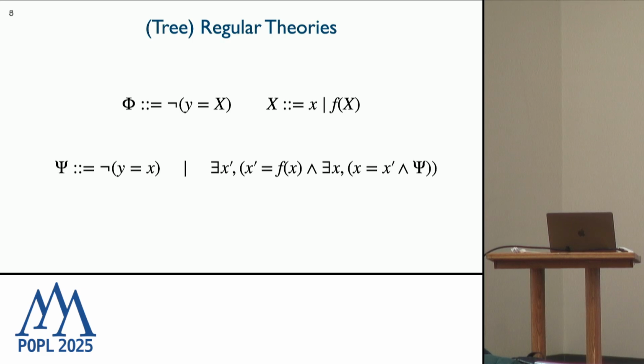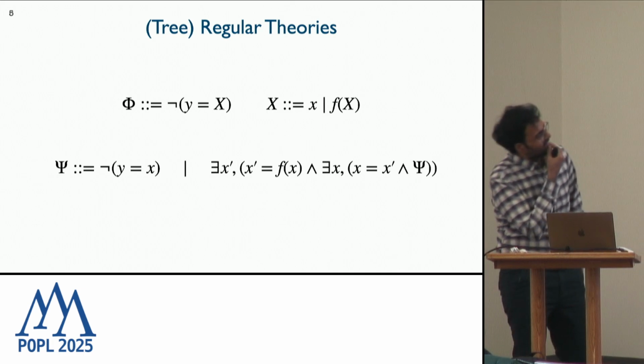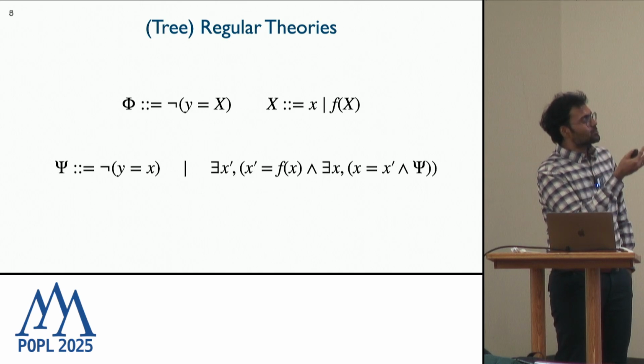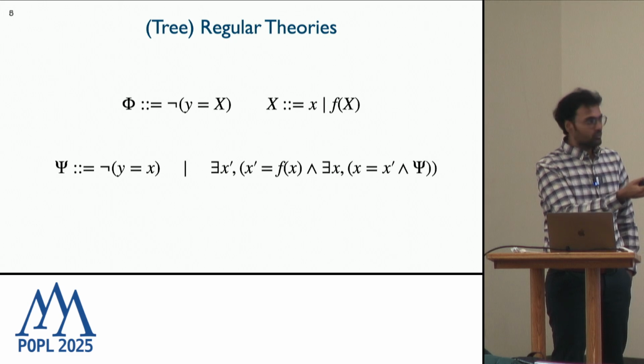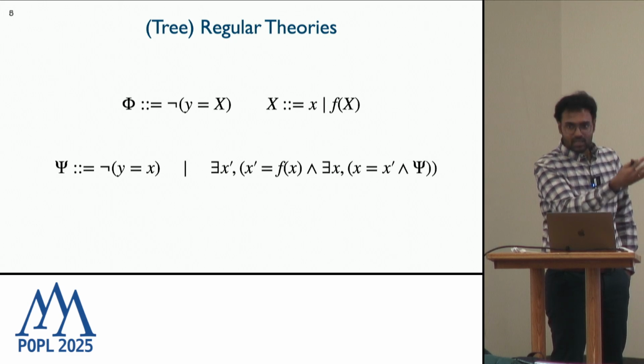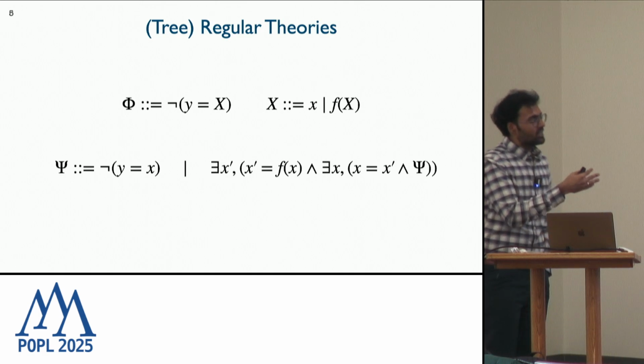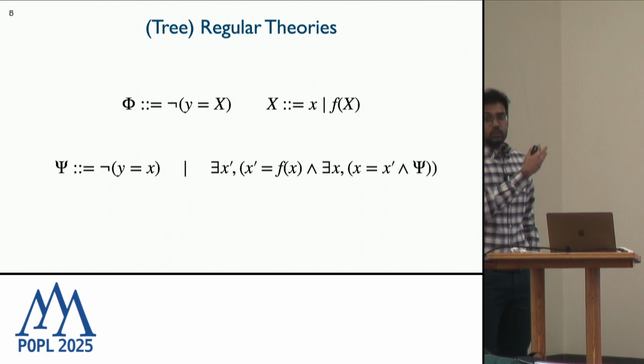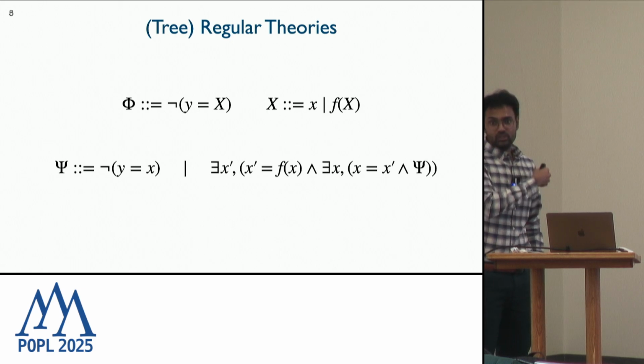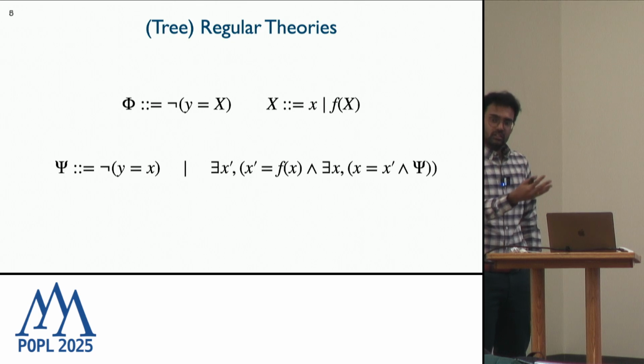It says that either y is not equal to x, that's one formula, or the other formula says there is an x' which is equal to f of x. And now inside that I'm re-quantifying x, and I'm saying that the new x is the older x', which is actually f of the older x. And then the remaining thing can be computed recursively.